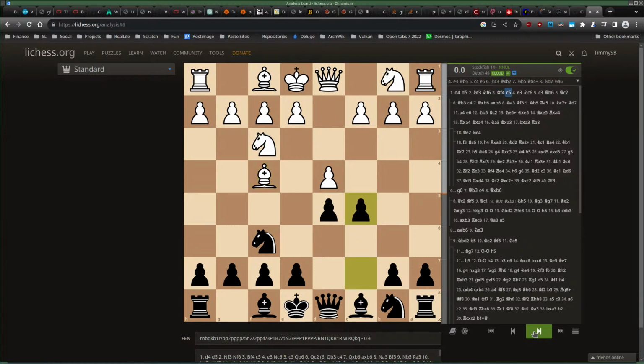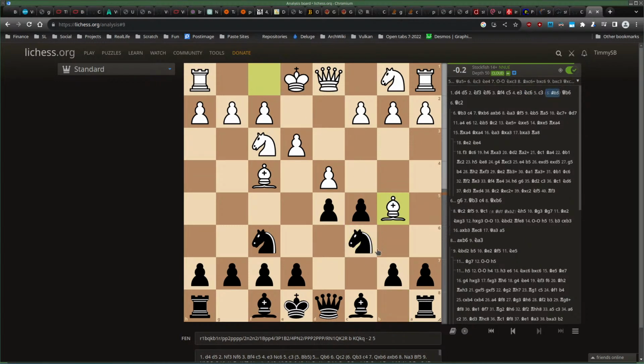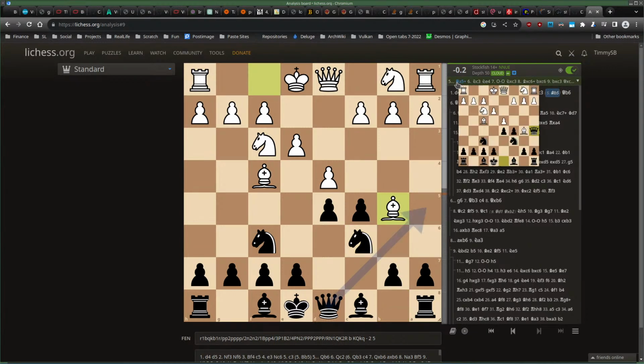And they play e3. And I play knight c6. And they play c3, I think. So what is bad about this move? Oh, not really bad. I should give check.